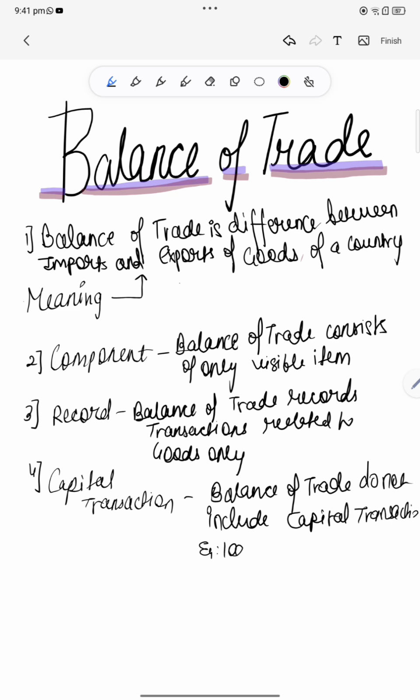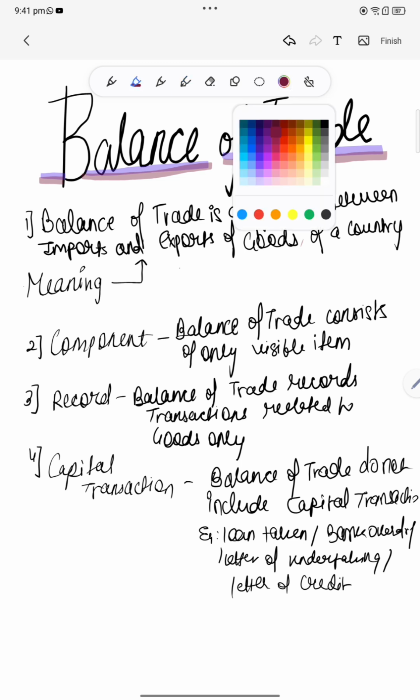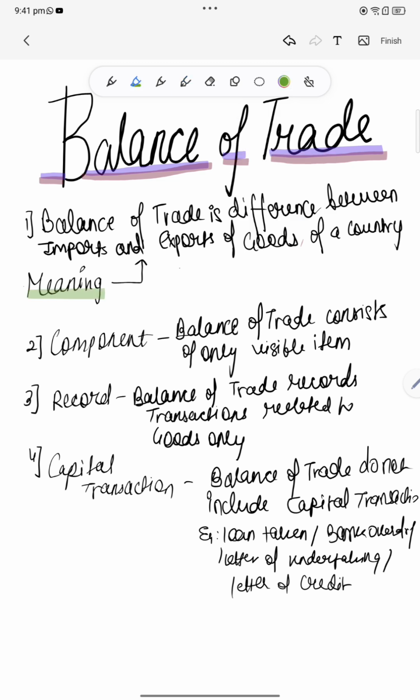Example, loan taken, bank overdrafts, letter of undertaking, or letter of credit, which is also known as LOC. Okay, so first the distinction was about meaning, then component, then record, then capital transaction.